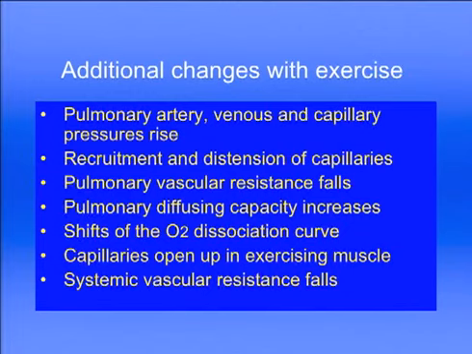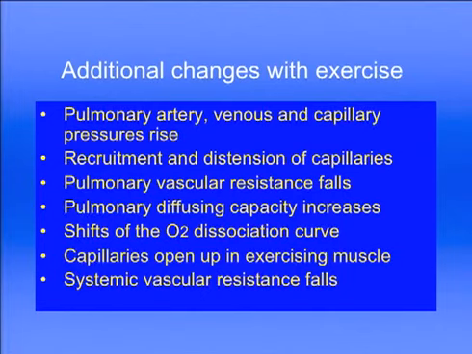Pulmonary vascular resistance falls. The diffusing capacity of the lung increases for two reasons. One is that the area of the blood-gas barrier increases with recruitment and distension of the capillaries, and also the volume of blood in the pulmonary capillaries increases. In terms of blood gas transport, the oxygen dissociation curve is shifted when we come to peripheral muscles.